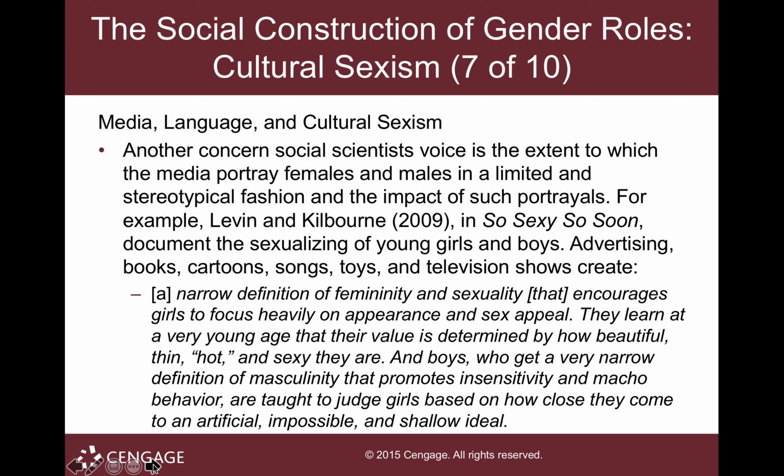Advertising, books, cartoons, songs, toys, and television shows create a narrow definition of femininity and sexuality that encourages girls to focus heavily on appearance and sex appeal. They learn at a very young age that their value is determined by how beautiful, thin, hot, and sexy they are. And boys, who get a very narrow definition of masculinity that promotes insensitivity and macho behavior, are taught to judge girls based on how close they come to an artificial, impossible, and shallow ideal. So again, these are issues that are still going on today.